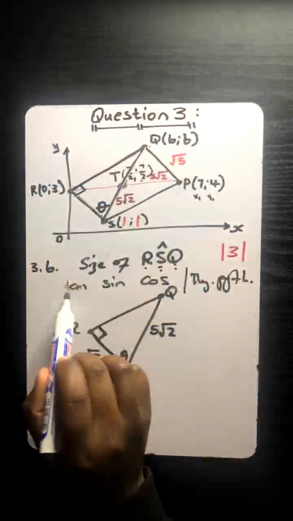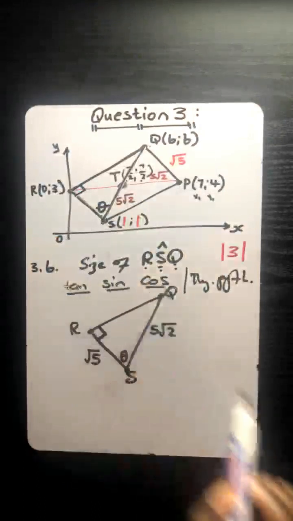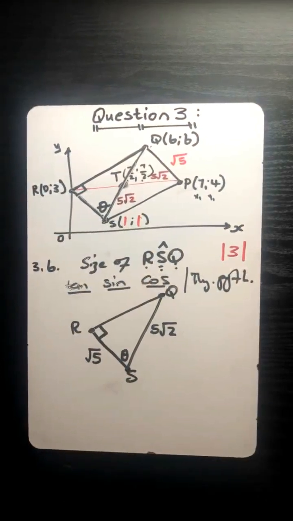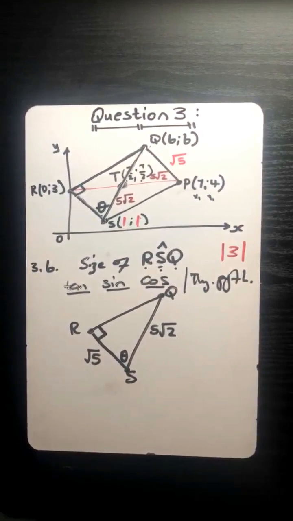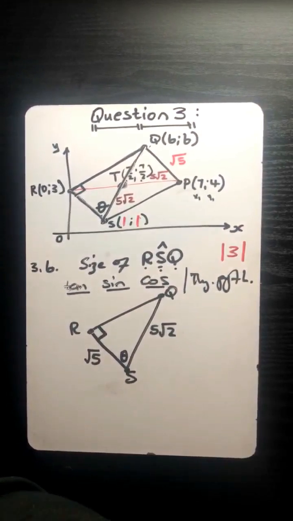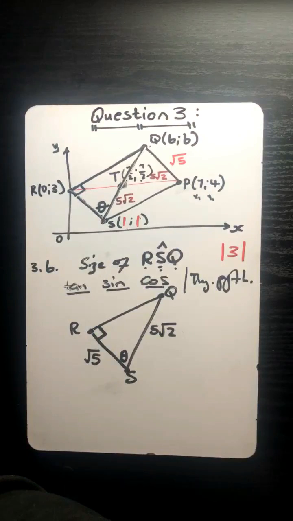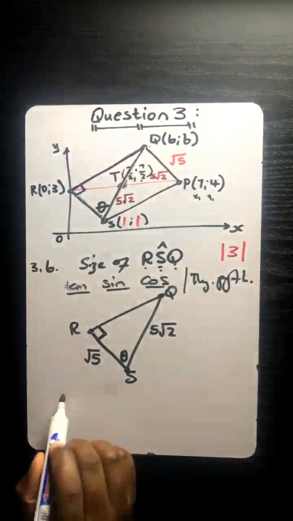So now, which trig ratio can we use there? Can you not use cos? Let's see. Cos of an angle, we know cosine is adjacent over hypotenuse.